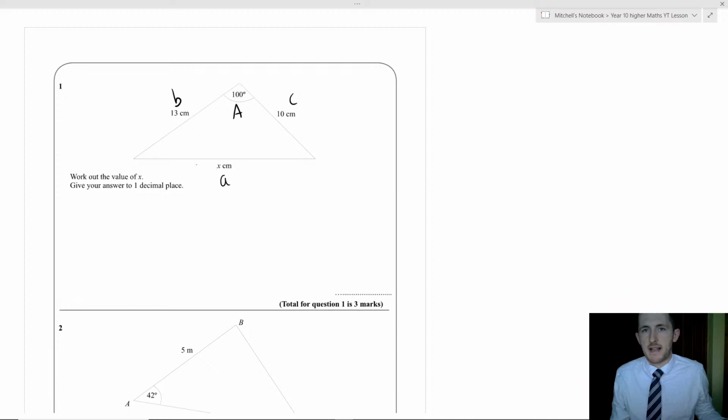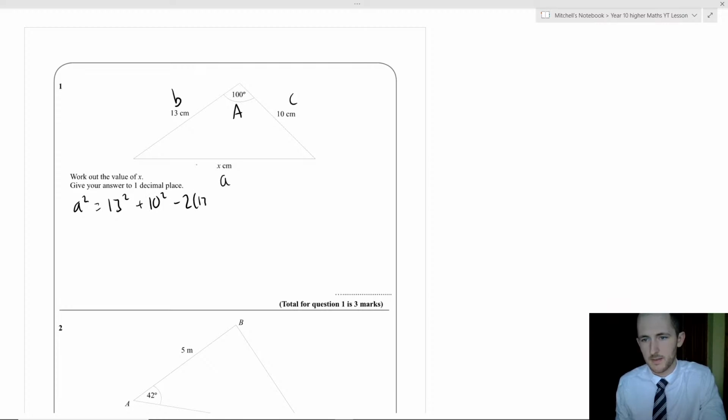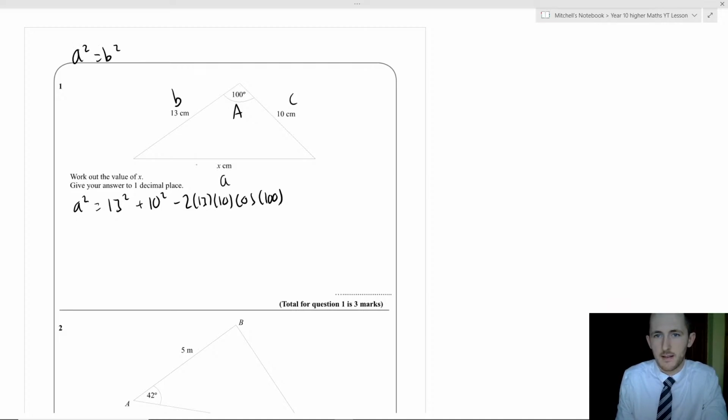So A squared is equal to B squared, 13 squared, plus C squared, 10 squared, minus 2 times 13 times 10. Again, it really doesn't matter the order in which you do these. Cosine 100. Just as a reminder, the formula I'm using is A squared equals B squared plus C squared minus 2BC cos capital A.